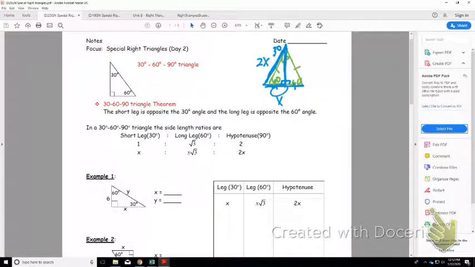Does that make sense? That's the relationship of that short leg to the hypotenuse. Then we have the leg opposite of the 60. That one is actually that altitude that we drew in, and that is x times the square root of 3.